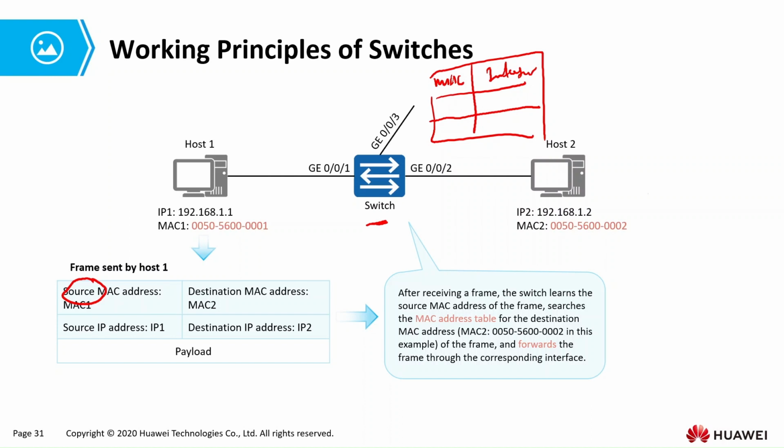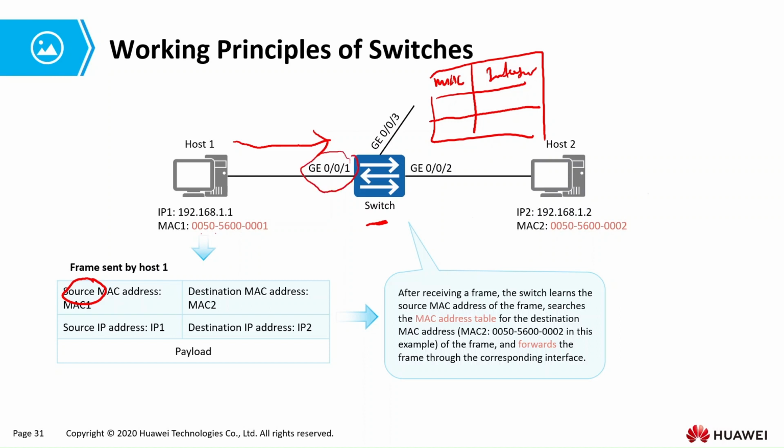So how am I going to generate the MAC address table? I will base it on the packets or frames that I receive. For example, now host A sends me a frame. The source MAC address is 005056000001, and I received it from the G001 interface.